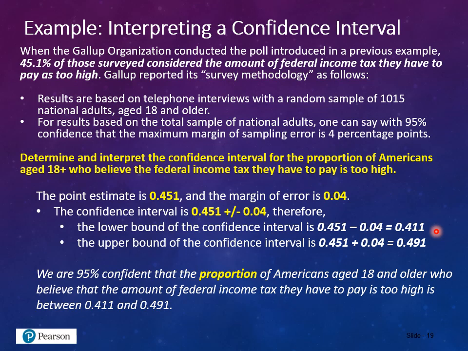Okay, and so that's the interpretation of a confidence interval. We just add or subtract the margin of error, and we get the upper and lower bounds. And so we're 95% confident that this statistic, that we got from our sample, is applicable to the entire population.